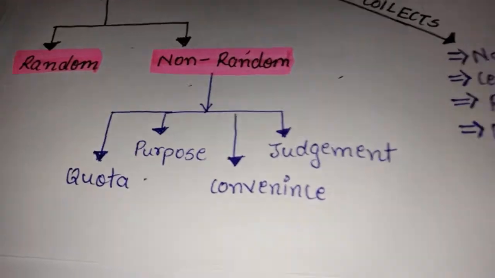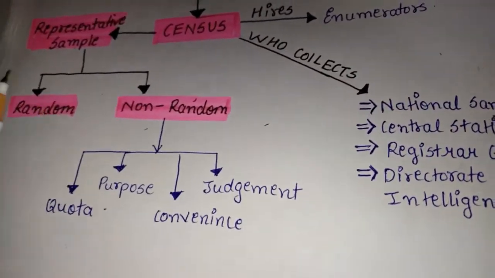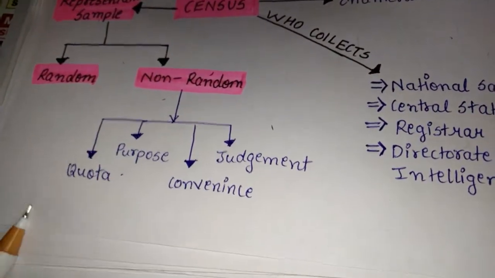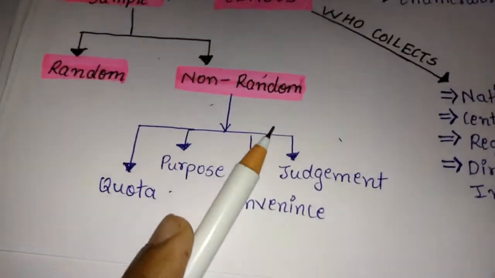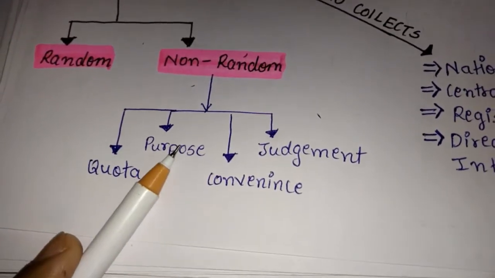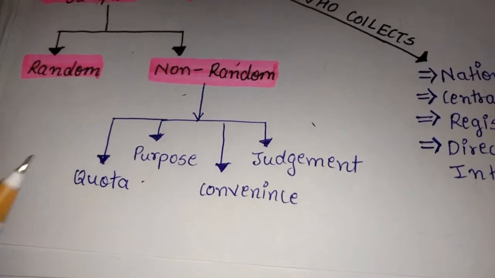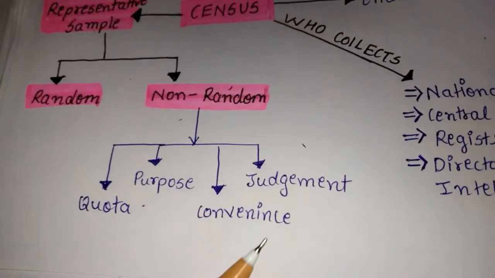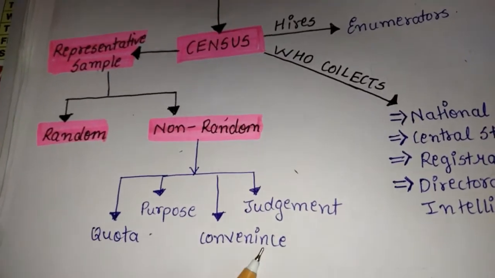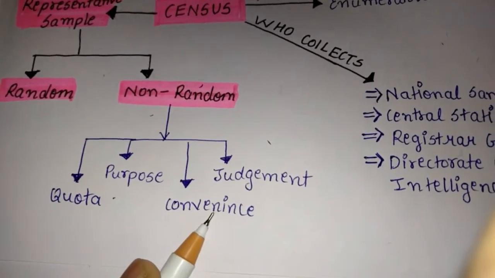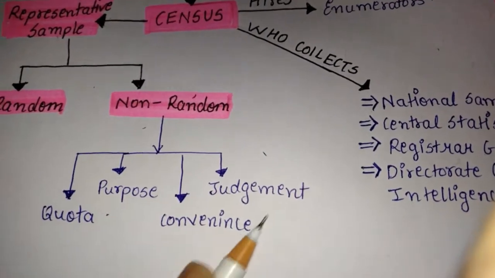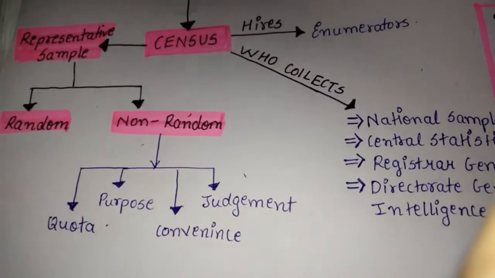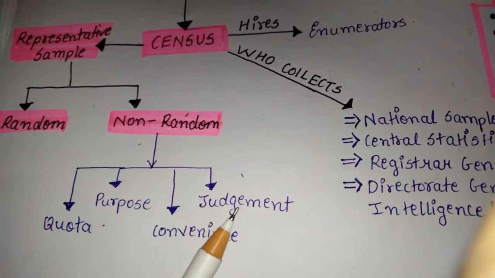Random means you just pick these people randomly, but in non-random there are some measures involved, like purpose, the purpose of the census or survey, quota, and convenience, as in if I am considering taking a census of my particular area, I will involve my friends and family and take their survey and questionnaires, etc.